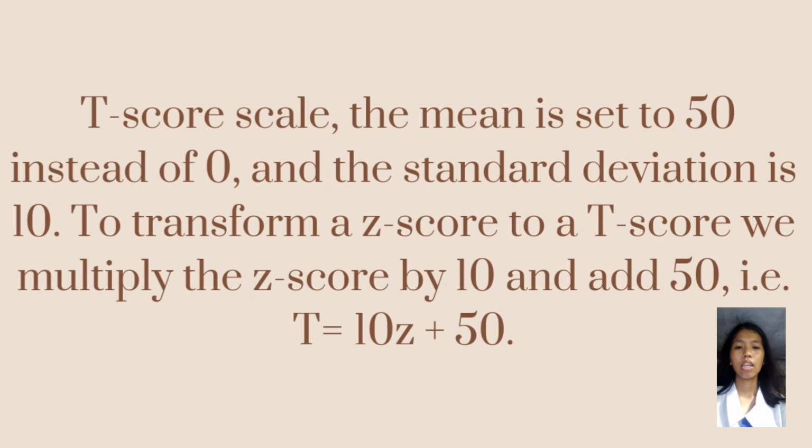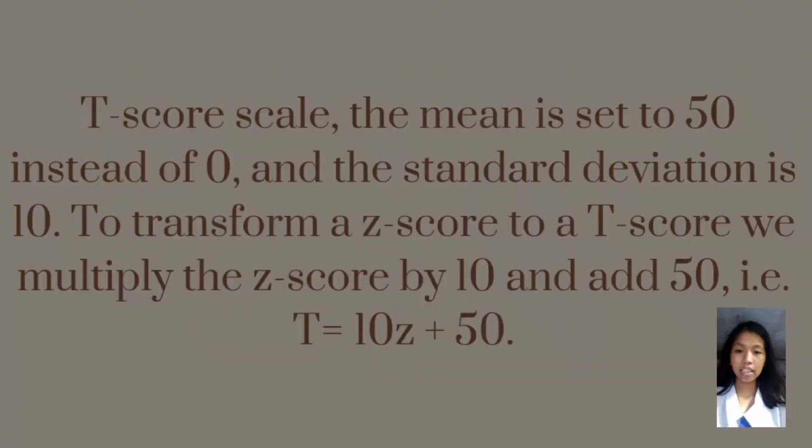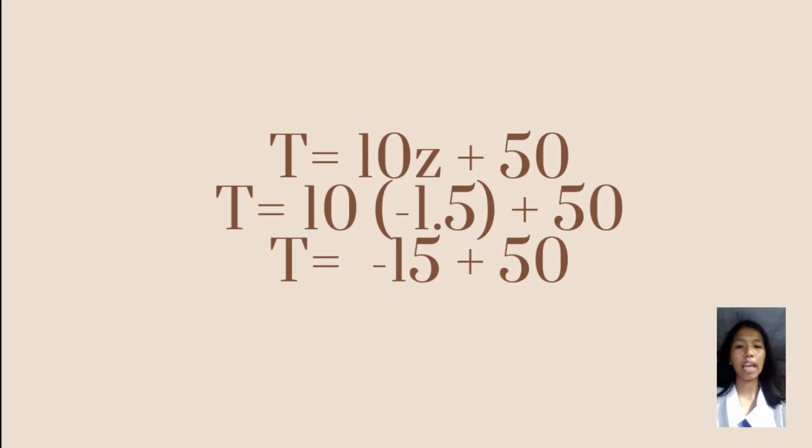So, let's calculate it. T is equal to 10, which is our standard deviation, times the z-score, which is negative 1.5, plus 50 as our mean.